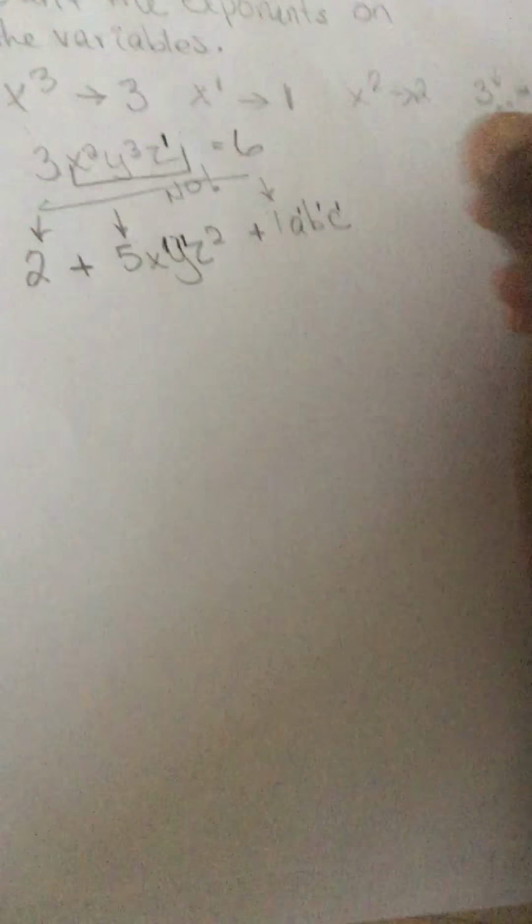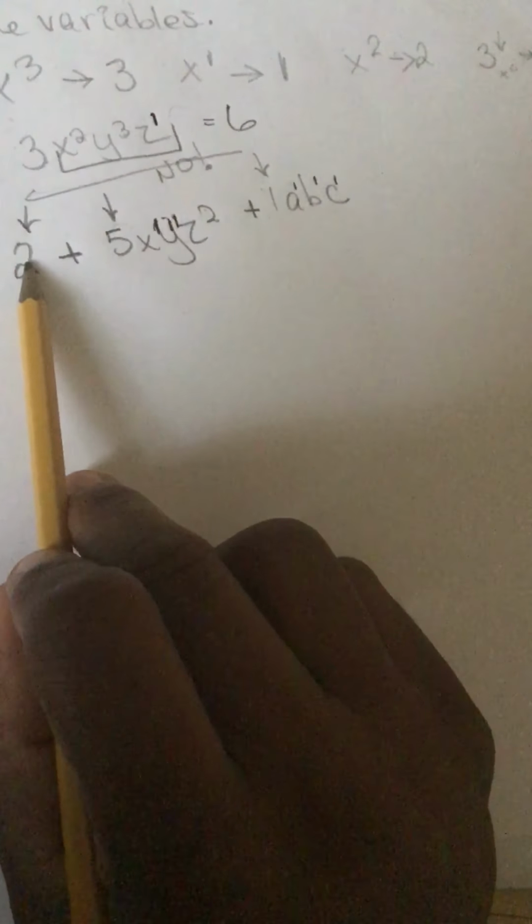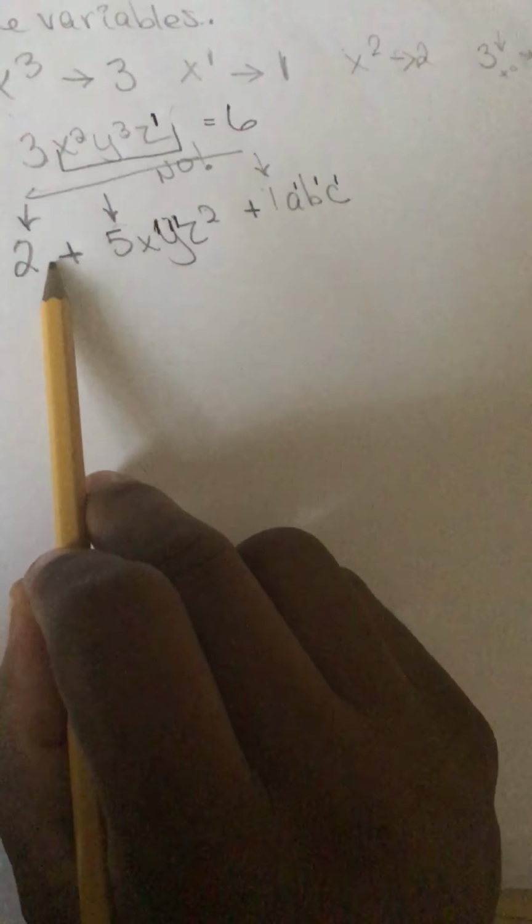All right. So notice I don't look at these numbers. There's an imaginary 1 here, but still no. So these are no's. We don't look at these numbers. Okay? So now, here, I know that this is 0 because it has an x to the 0.